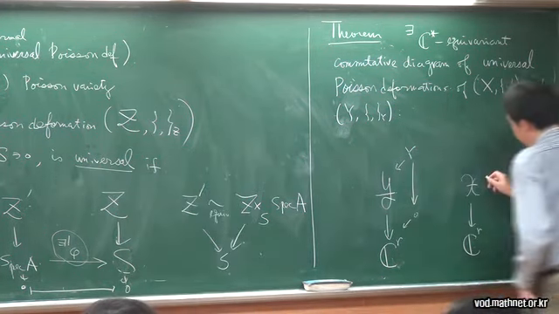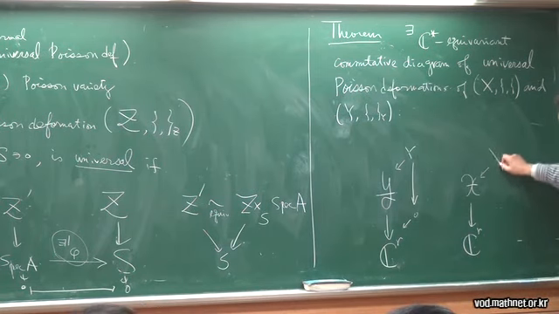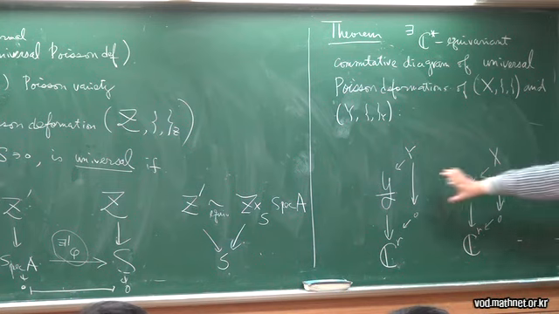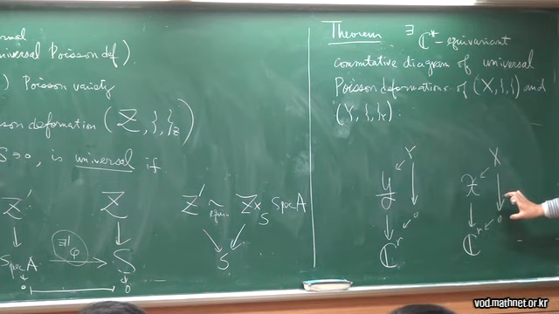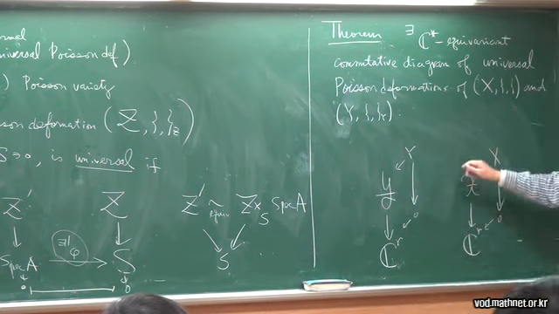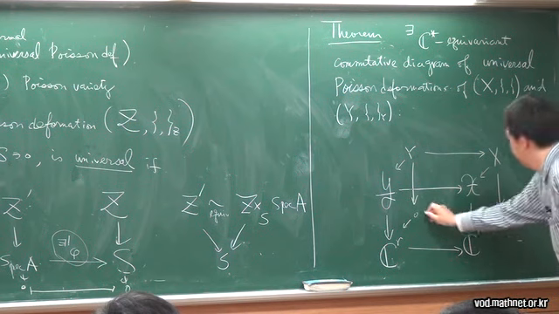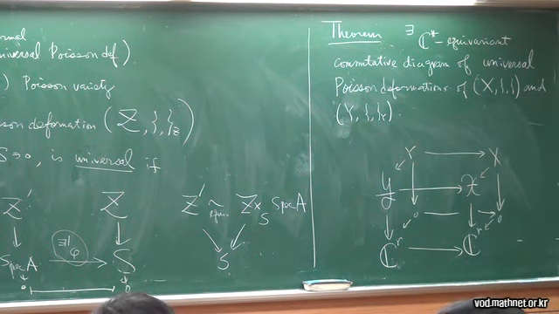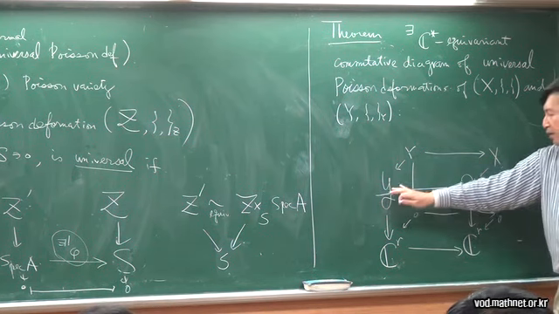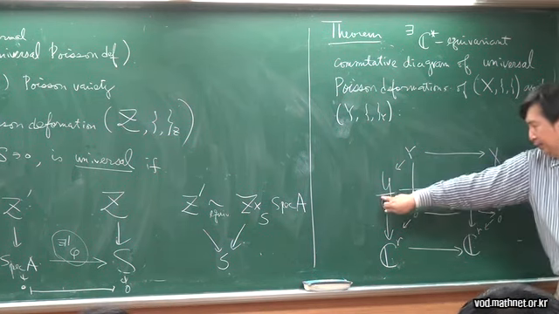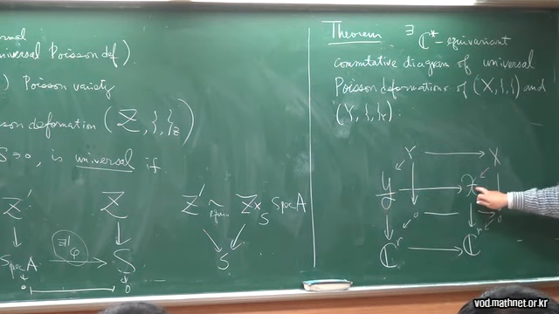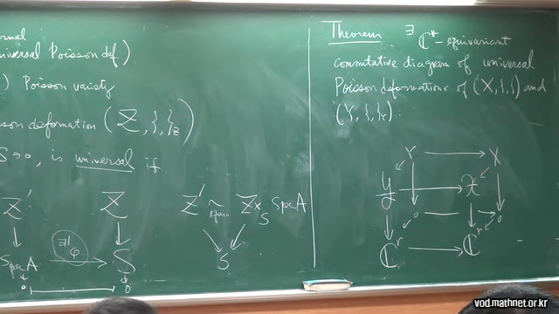And here you have the Poisson deformation of X. And these two universal deformations of Y and X are related with some map like this, and this is all commutative, and everything is C-star equivariant.